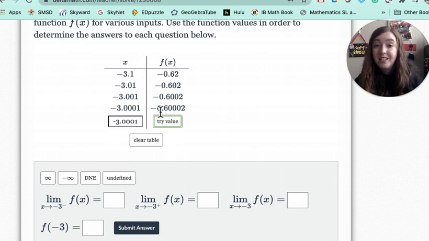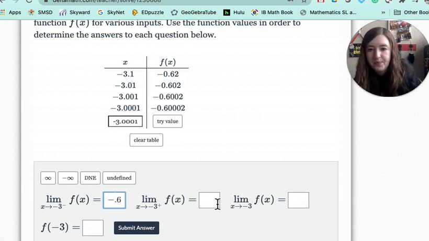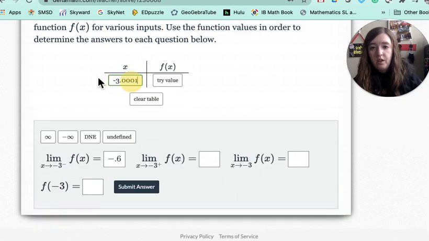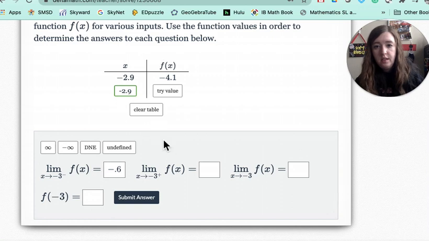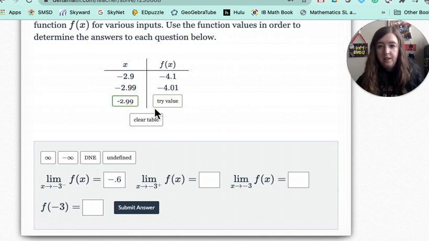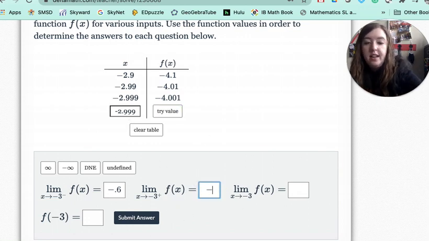It feels like we're just getting closer and closer and closer to -0.6. Now we'll look at it from the right. So we'll try -2.9, -2.99, -2.999, and so on and so forth. And it looks like we're getting closer and closer and closer to -4.